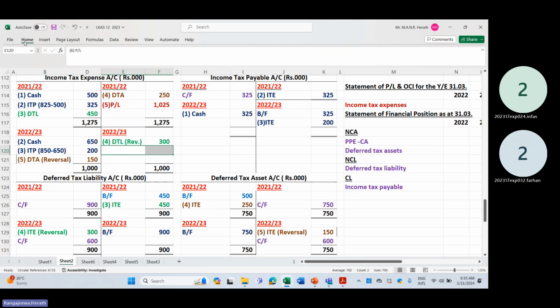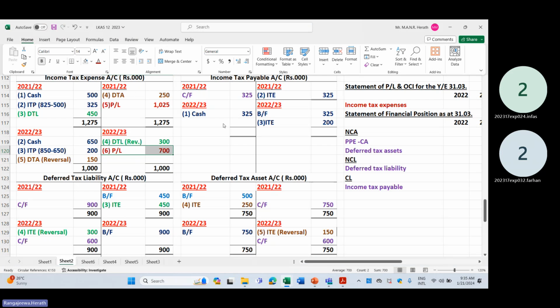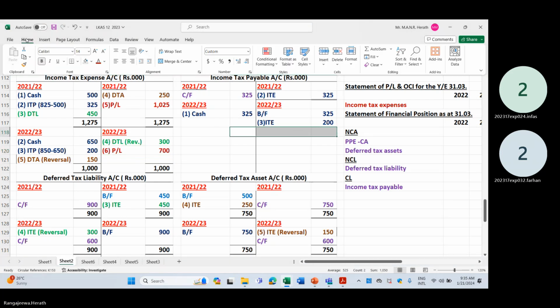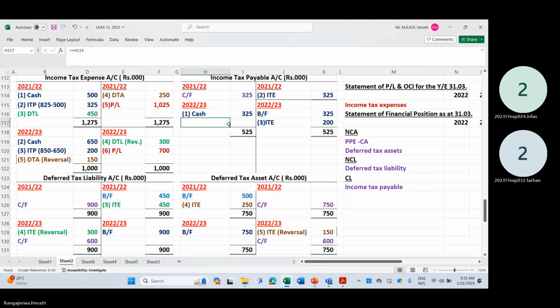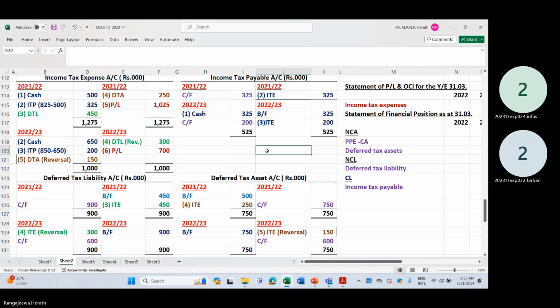So you charge to P&L only 700. That's it.